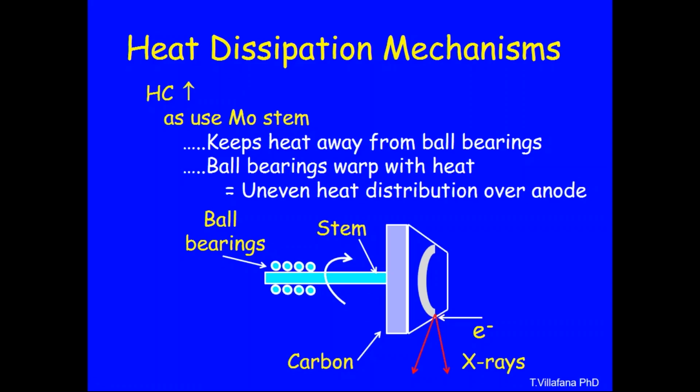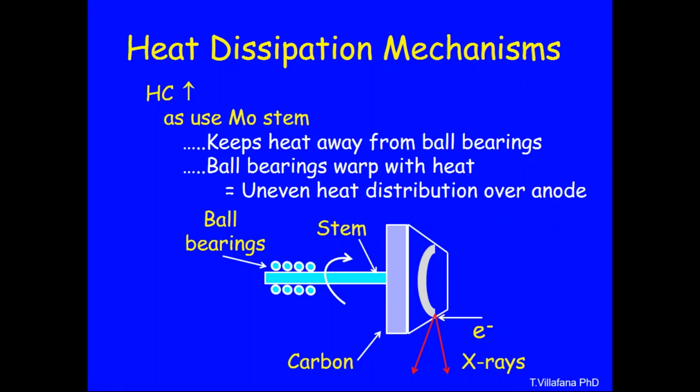Molybdenum is a terrible heat conductor. We don't want heat from the target disk to be transferred back to the ball bearings. If you are going to have a configuration rotating, you need ball bearings, and ball bearings are very sensitive to heat.